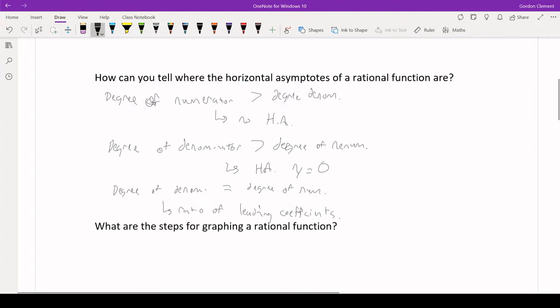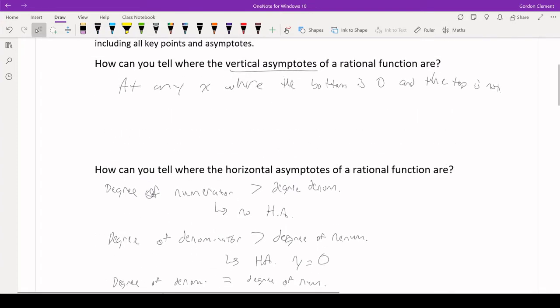I just want to briefly talk about why that is. So if it's some number over 0, what happens is as the bottom gets close to that x value, let's say this is happening at x equals 4, as x gets close to 4, the bottom gets close to 0, but it's not 0.